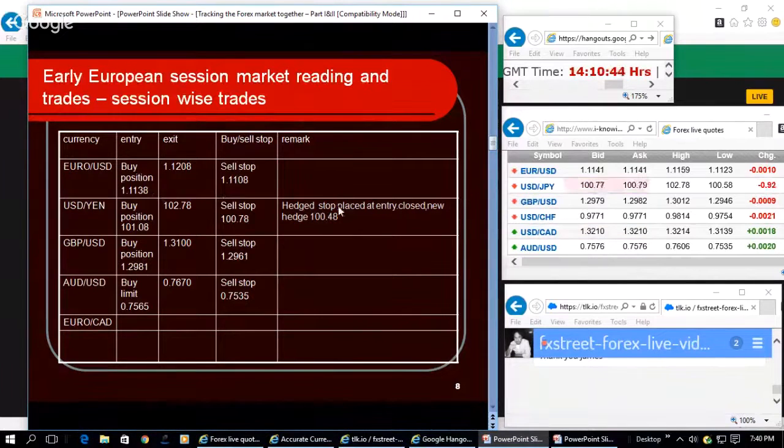Now, after taking the position, what we do is we wait for the prime events to happen, because today you come across the FOMC interest rate decision, expected to be announced by 18 GMT, followed by the FOMC press conference at 18:30 GMT.